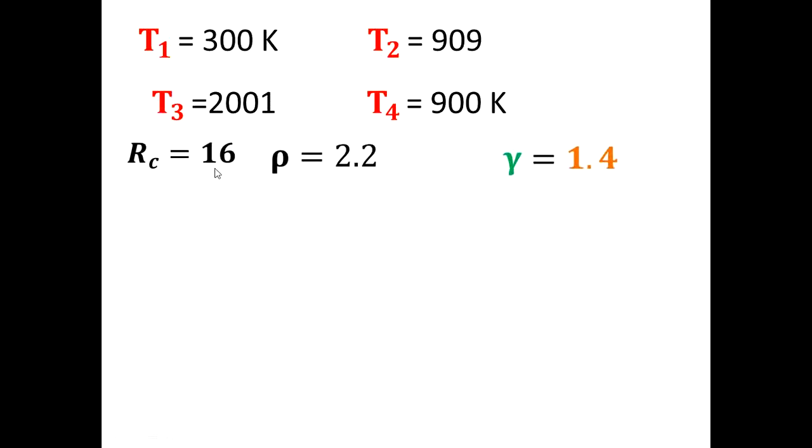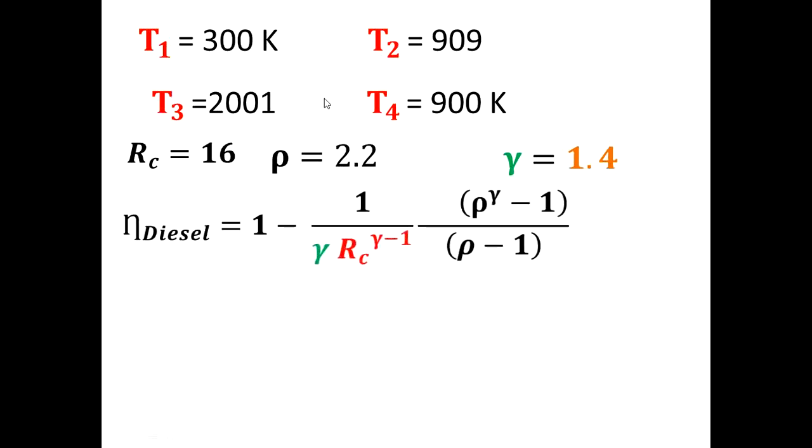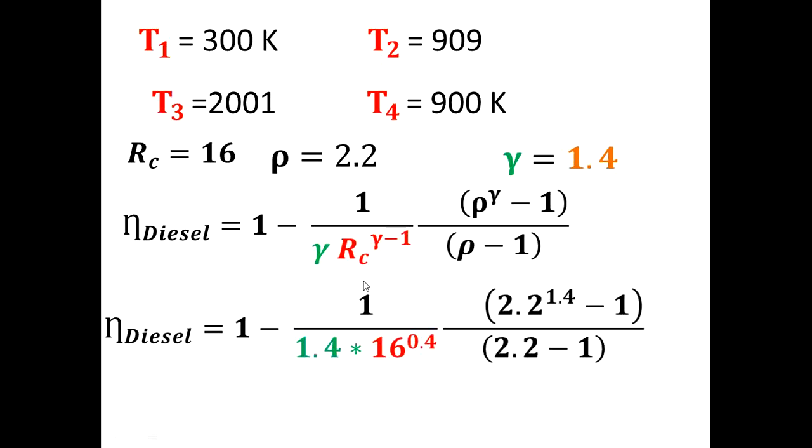Rc is given as 16, rho is 2.2, gamma is 1.4. So by using this equation you can find the thermal efficiency. Otherwise you can use another equation: Cv into heat rejection, that is T4 minus T1, divided by Cp into T3 minus T2.